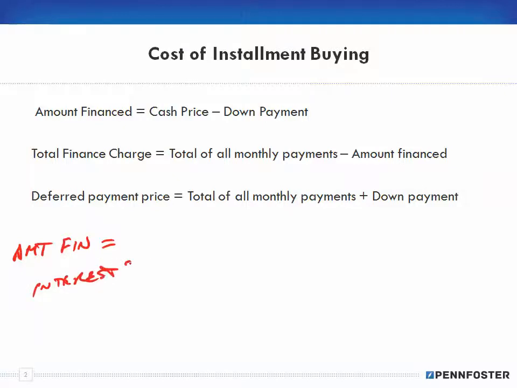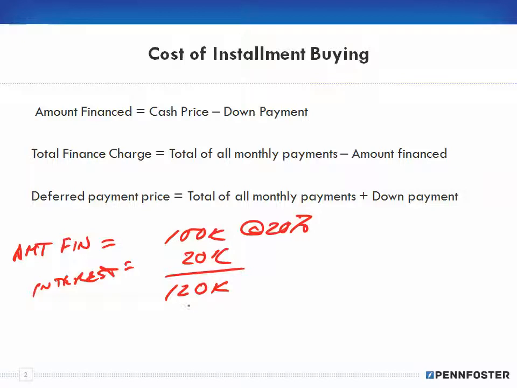I'm just making this up as I go along. Let's say we're borrowing $100,000 at 20% interest. That means we'd have $20,000 of interest, and the total amount is $120,000.